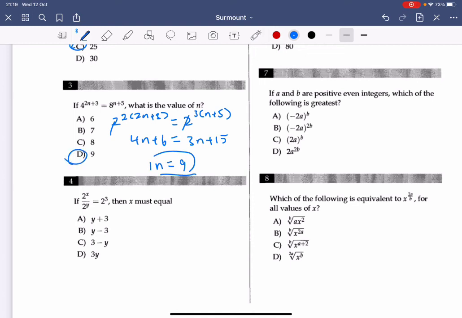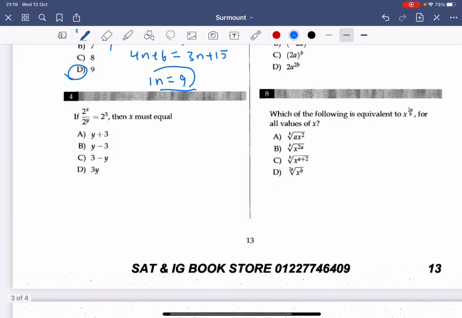So the answer to number 3 is D. Number 4, we know from exponent rules that this can be simplified to 2 to the power of x minus 1 equals 2 to the power of 3. Simplifying the bases, x minus 1 equals 3, so x equals 3 plus y. Answer is A.